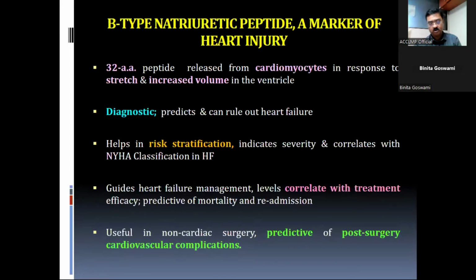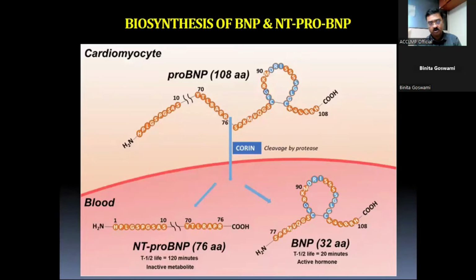So sometimes you may get confused about what NT-proBNP means. ProBNP is a 108 amino acid residue peptide.